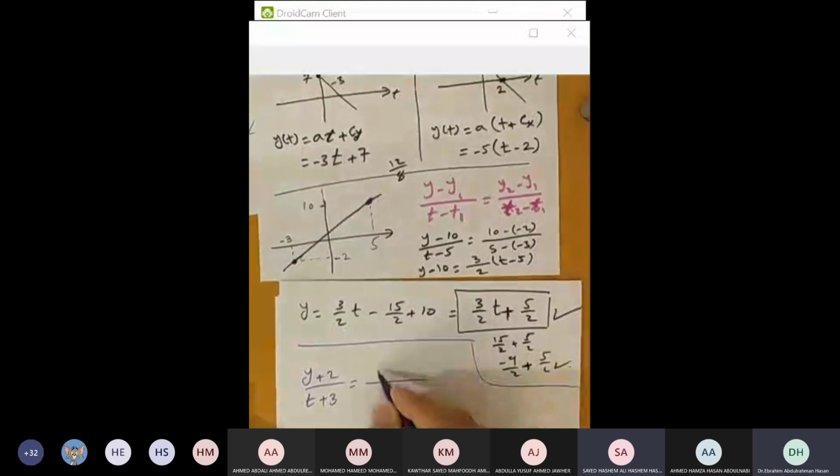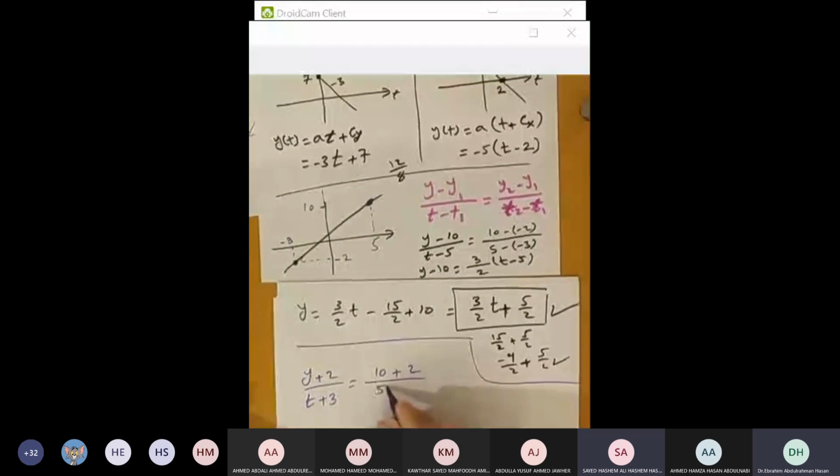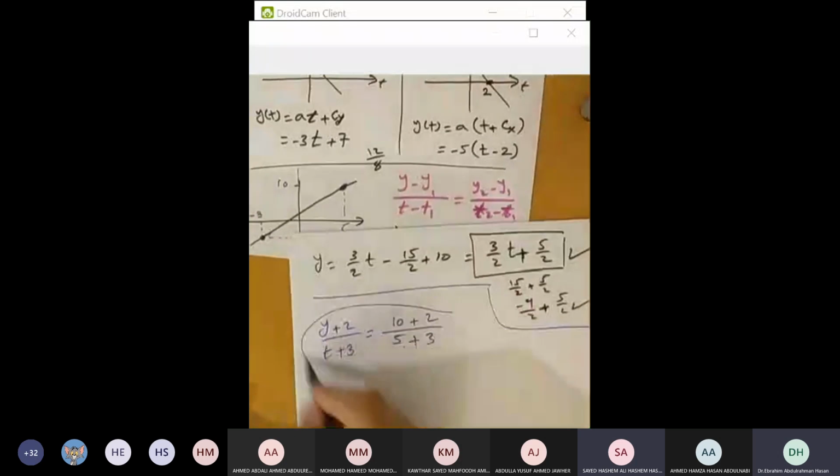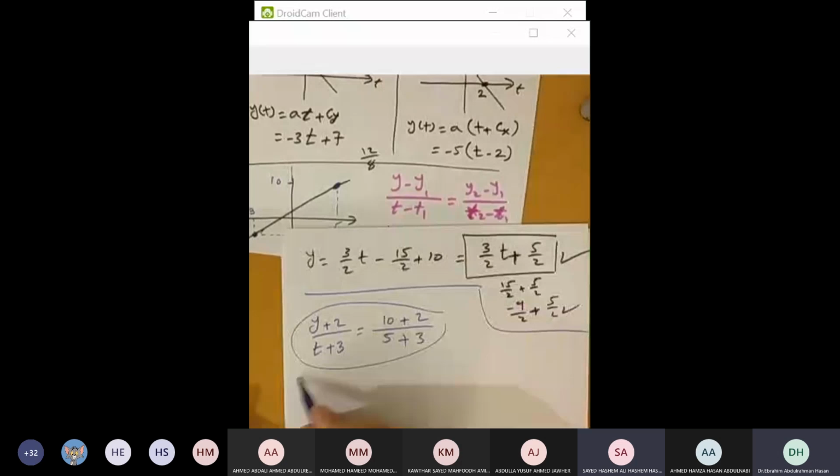Then 10 minus minus 2 divided by 5 minus minus 3. If you work with this one, you will get exactly the same result.